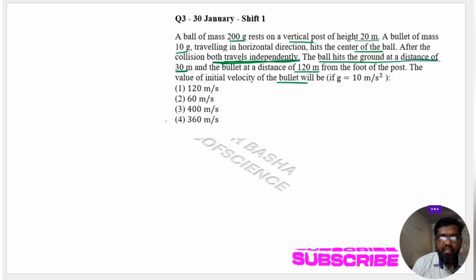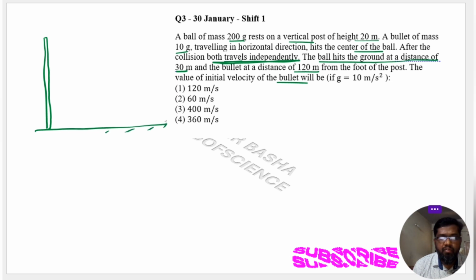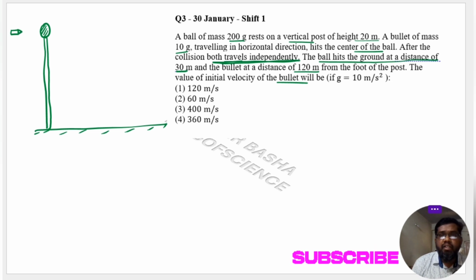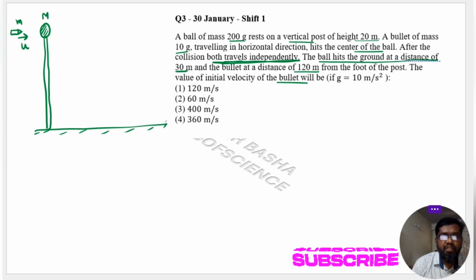The scenario can be drawn like this. So this is some height. A ball of mass 200 grams is here, and the bullet is here, coming with a velocity u.